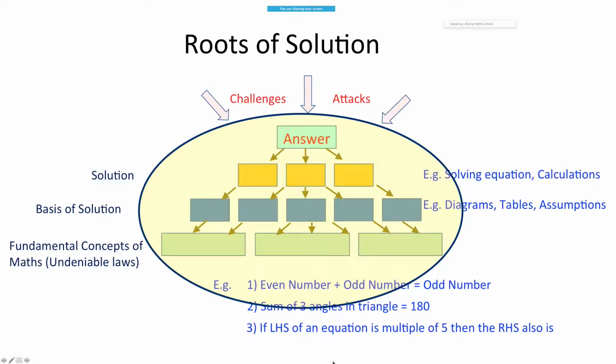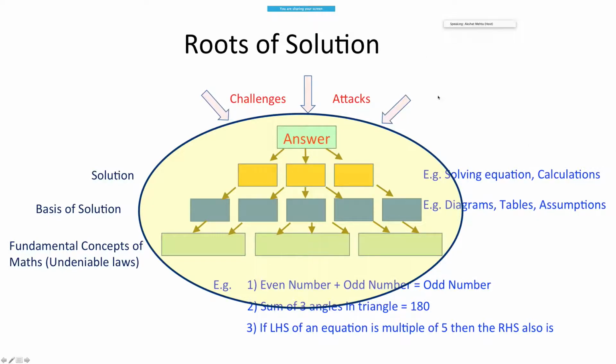You can't just deny these mathematical laws. That the sum of the three angles in a triangle is 180 degrees. So if you have mentioned in your step that I'm doing it because I'm using the fact that the sum of three angles in a triangle is 180, there is no basis for challenge, you can't be challenged beyond that.